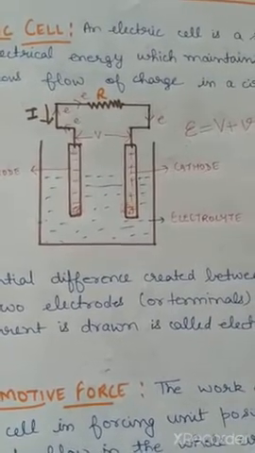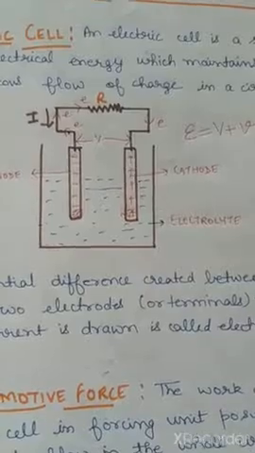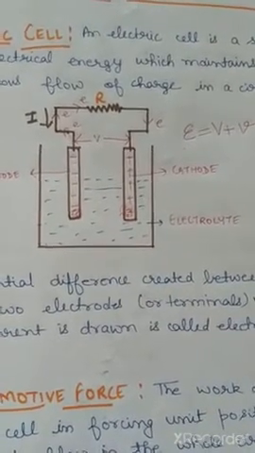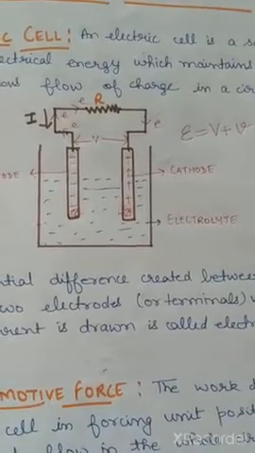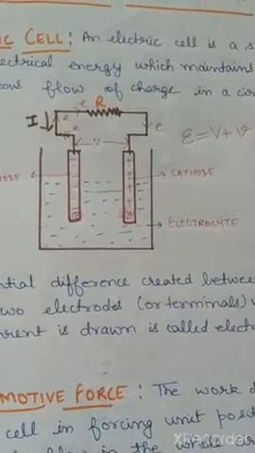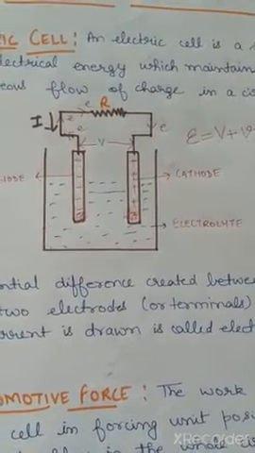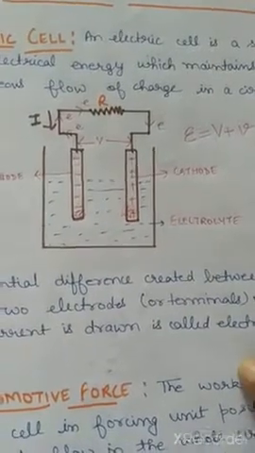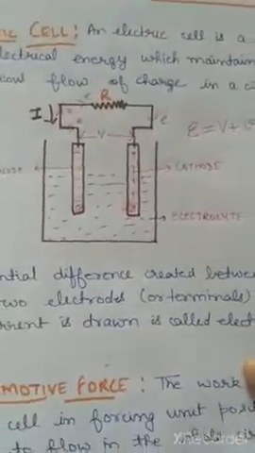It will always be less than the value written on the cell. It is a 1.5 volt cell, so it will give 1.3 or 1.2 like that. So this is the difference. Now we will study the terminal voltage, and then we will study the internal resistance.